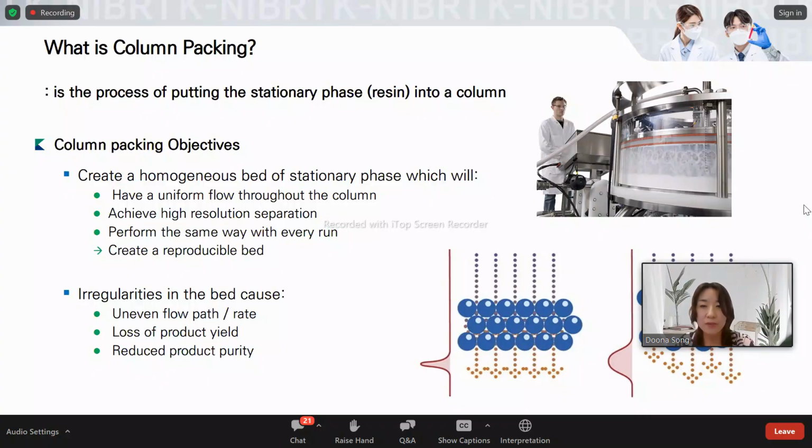When the resin is packed too tightly, the mobile phase cannot distribute evenly and tends to follow the path of least resistance, creating channels. Packing the bed too loosely, conversely, can create liquid gaps that allow mixing to occur. This can result in reduced resolution or decreased purity.